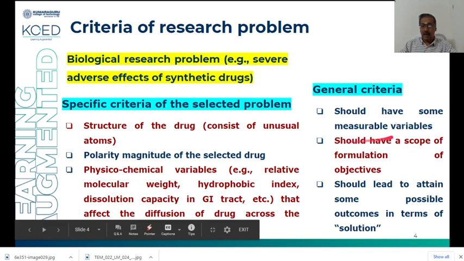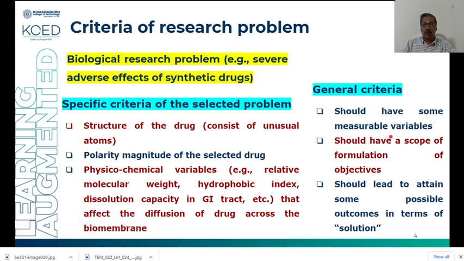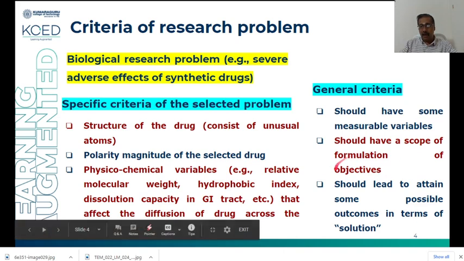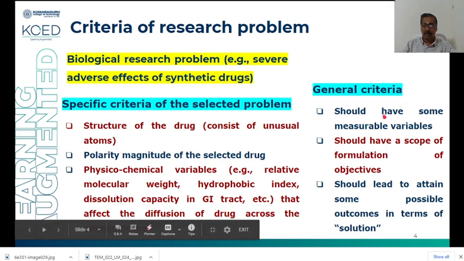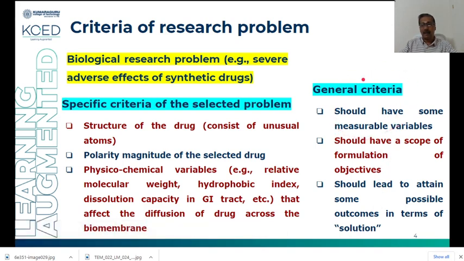So the general criteria which should be possessed by any research problem are: it should have measurable variables; we should be able to form some objectives; and for the formulated objectives, a researcher should be able to provide some solution. These three points you can say are the general criteria for a research problem. Now we'll go further.